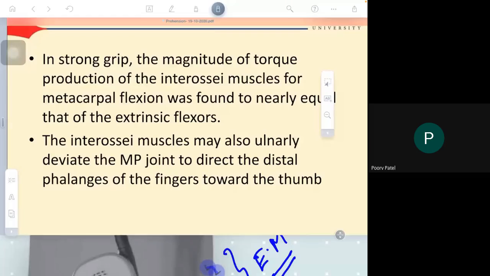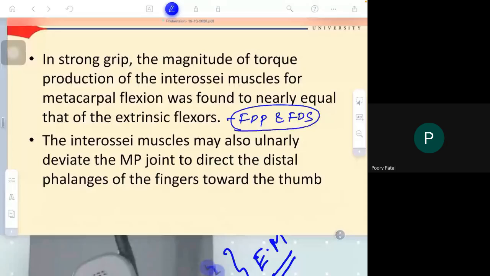A strong grip. In a strong grip, the magnitude of torque production of the interossei muscle for metacarpal flexion was found to be nearly equal to that of extrinsic flexors. What is extrinsic flexors? FDP and FDS.